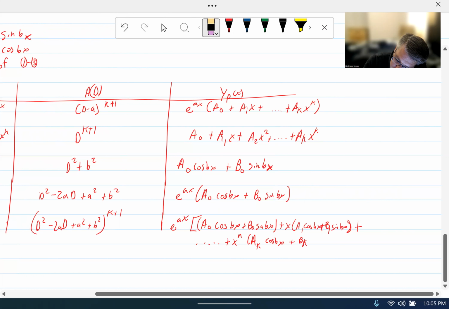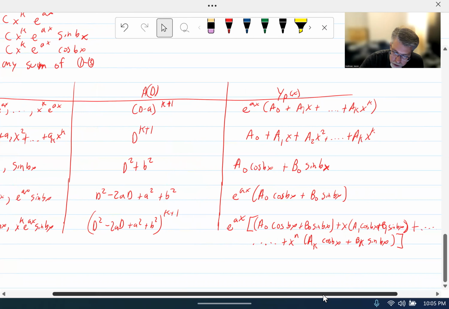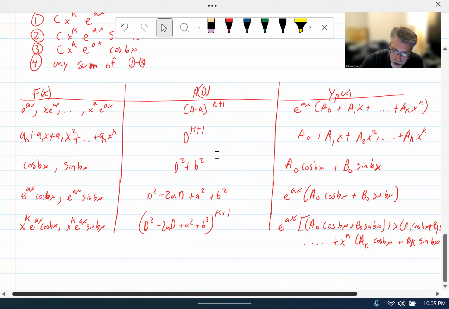So that kind of tells you what to use: what's the annihilator we're going to use, and what's the particular solution going to look like. So it takes a lot of the guesswork out.